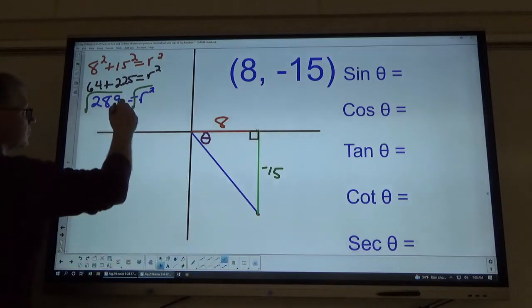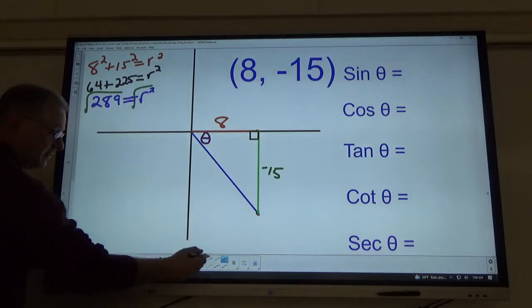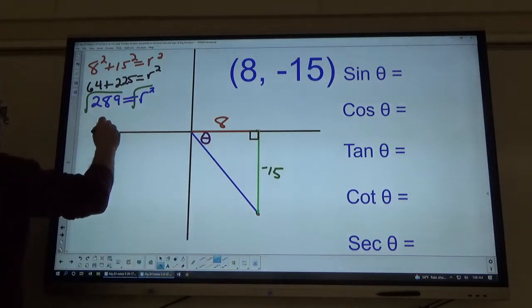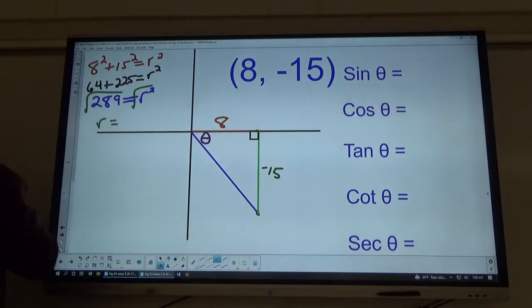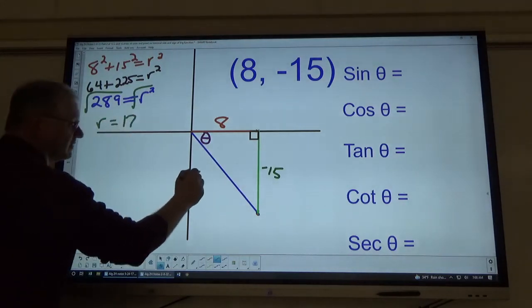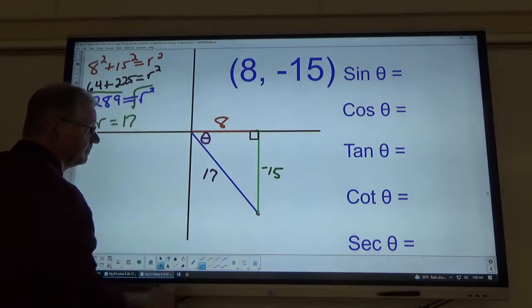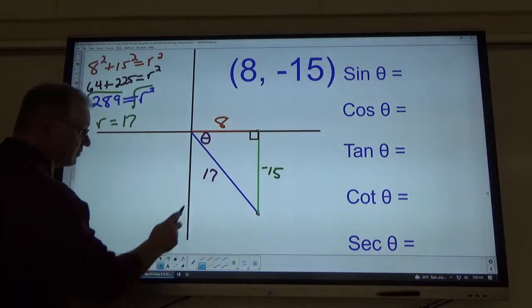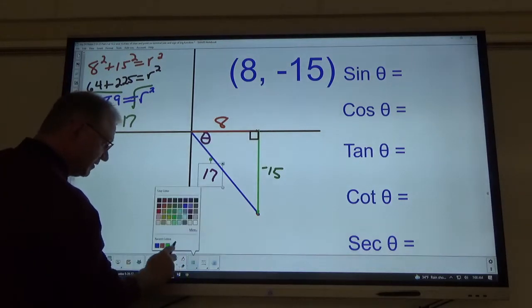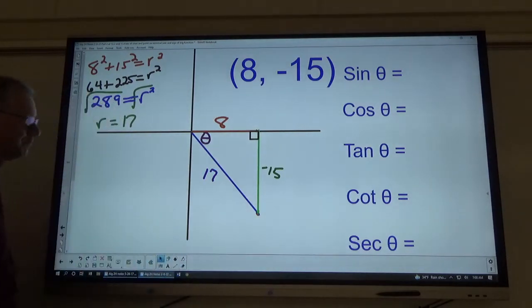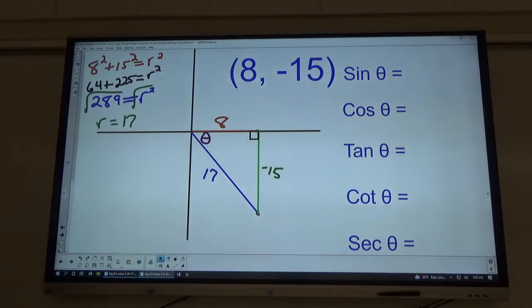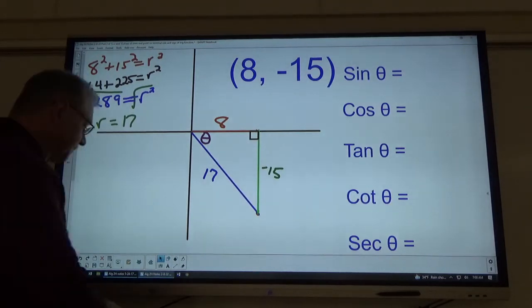And r ends up, I think that's 17. Yep, 17. So let's put that in purple, 17. It really should be blue, shouldn't it? Matching the line. Okay. So there's our three sides of our right triangle.